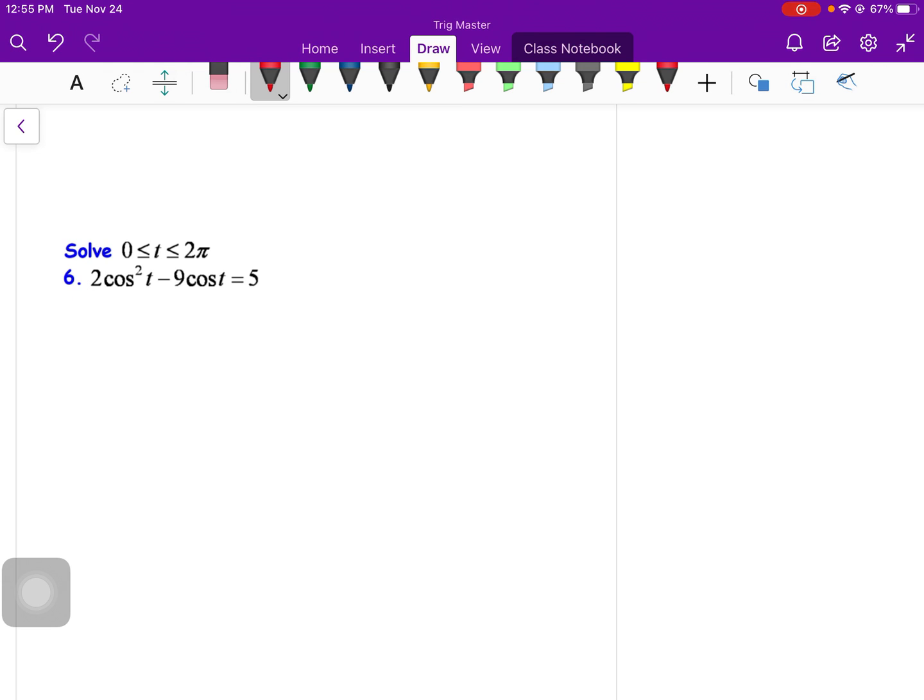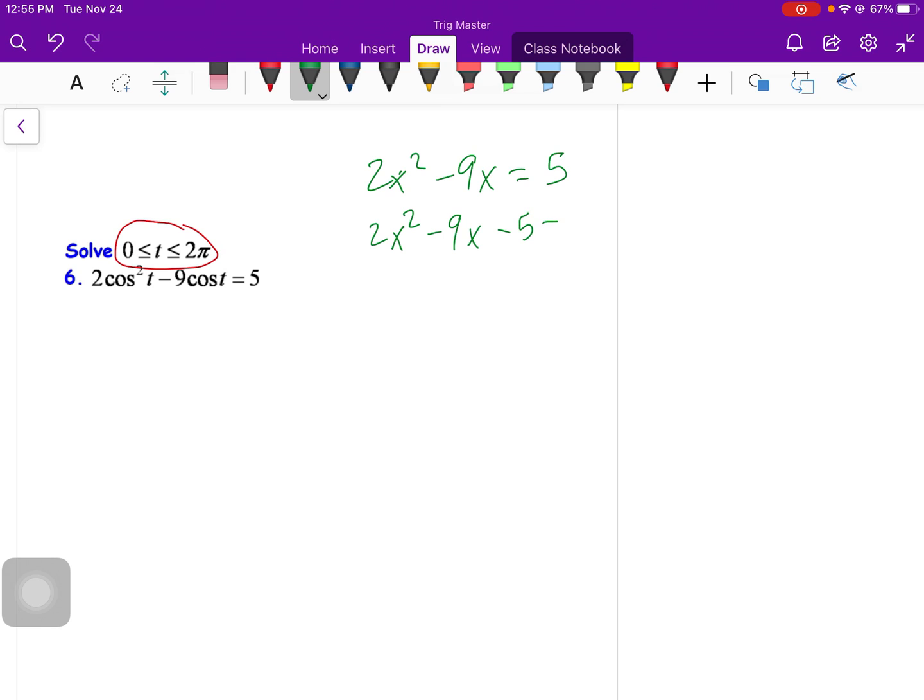All right, number 6. We are in radians this time, so if you're going to do anything with your calculator, you got to make sure you go back to radians mode. This thing factors. Treat this like 2x squared minus 9x equals 5. That means I would actually just have this right here. This is exactly what we did in the warm-up.